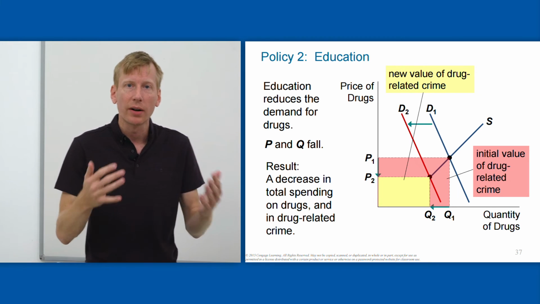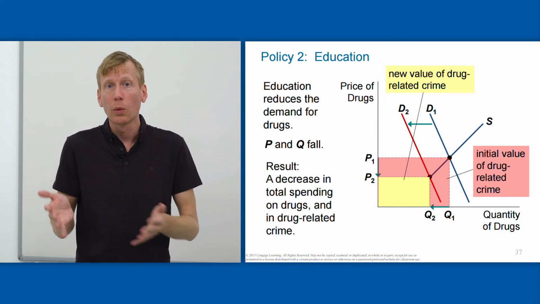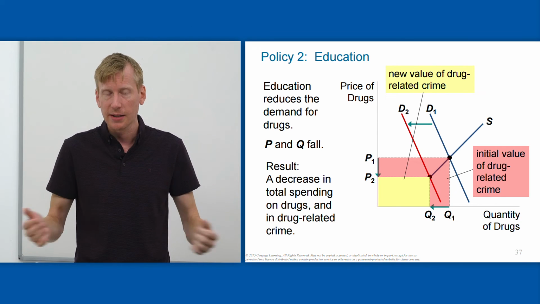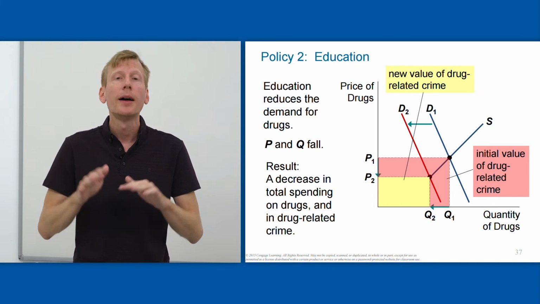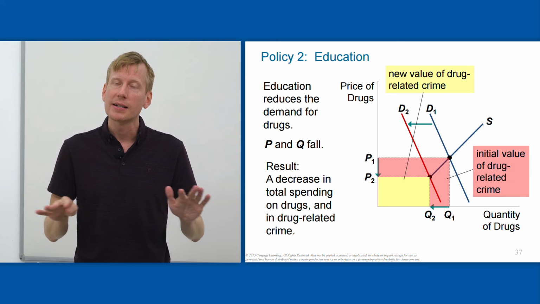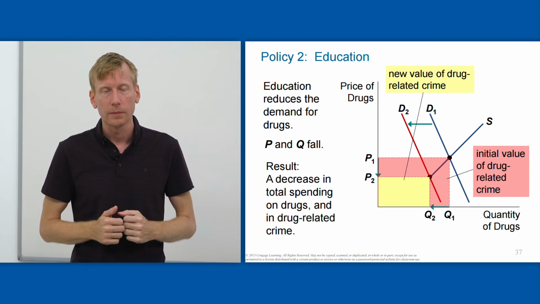Because when these drug dealers, these drug sellers, see that there are fewer people who want to buy heroin, they compete with one another and lower the price. So those people who continue to use heroin in this scenario pay a lower price for heroin than they did in the baseline, and especially in the drug interdiction scenario.